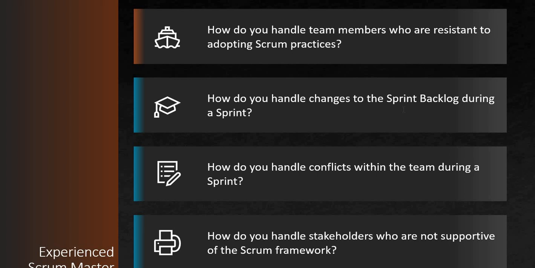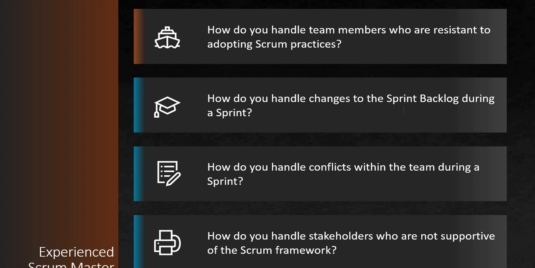How do you handle stakeholders who are not supportive of the Scrum framework? It's not uncommon for stakeholders to be resistant to change, especially when it comes to adopting a new framework like Scrum. As a Scrum Master, I would start by having a conversation with the stakeholders to understand their concerns and address them appropriately.